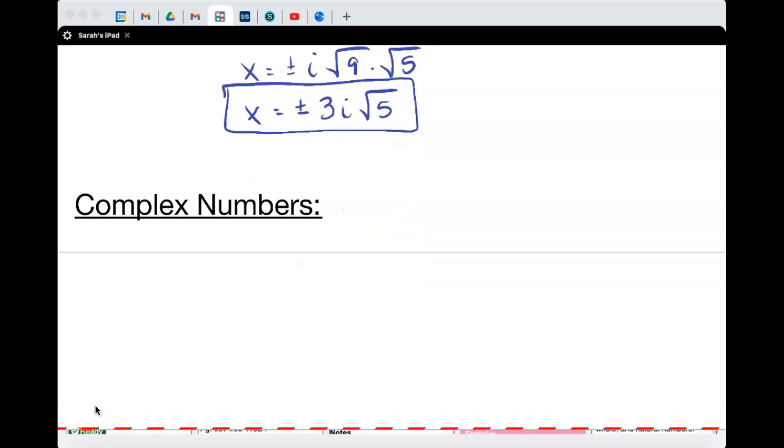Okay, we have another piece: complex numbers, and their properties. This isn't anything new either, because we're just combining like terms, and we know how to do that. We want to write complex numbers in the form a plus bi. The a is the real part, so it's just a number or a fraction or anything; it won't have any imaginary piece to it.